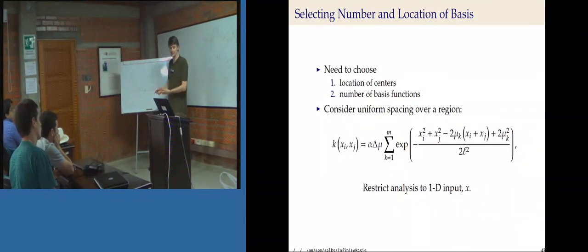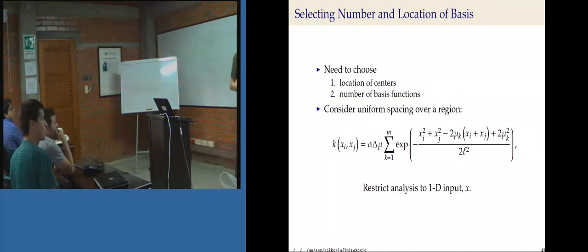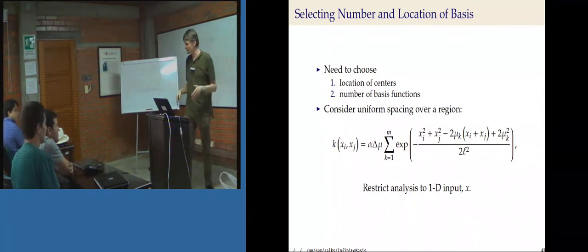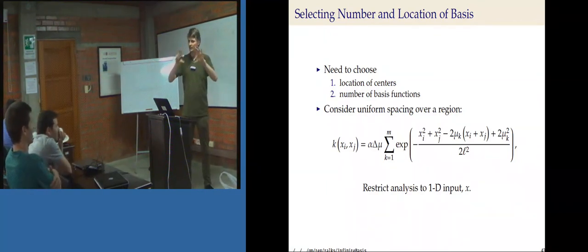So we need to downscale. We don't want, as we add basis functions, because we're adding up more and more basis functions, things to drive off to infinity. So we multiply the outside by delta mu. So as delta mu goes down to 0, we're multiplying infinity by 0, which mathematicians don't like to do, but engineers are happy with. Yeah, so that's, in the limit, we want this thing to be finite variance as we take delta mu to 0.